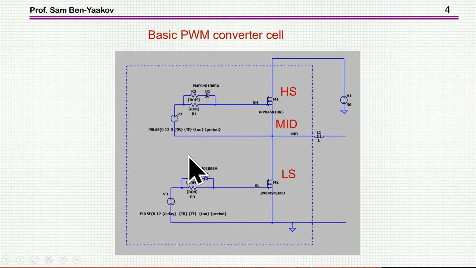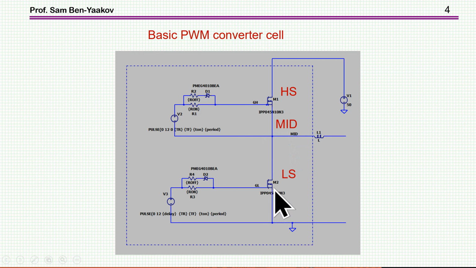I'm going to use this circuit as a basic unit to test and to simulate. This is actually a generic cell that is found in just about any PWM converter. Like this could be a synchronous buck converter, could be a synchronous boost converter.